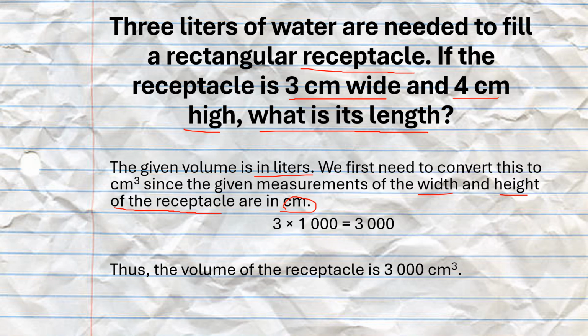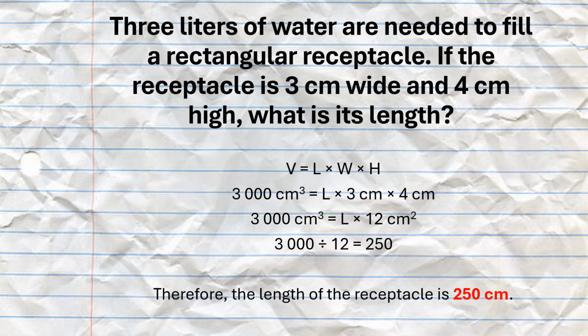Take note that there are 1,000 cubic centimeters in every liter. So we multiply the number of liters to find the equivalent number of cubic centimeters. So that is 3 multiplied by 1,000. Therefore, the volume of the receptacle is 3,000 cubic centimeters.